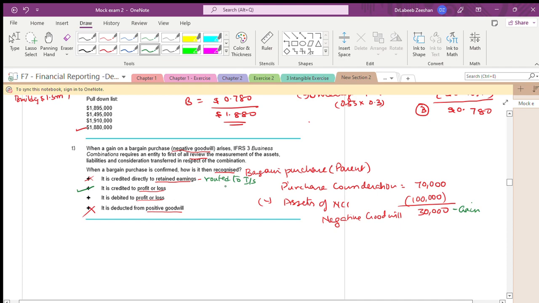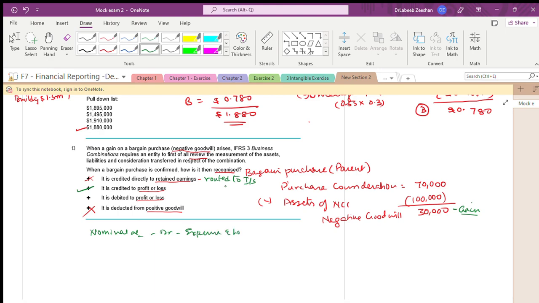Gain on purchase. One side it is negative goodwill, another side it is a gain. See what the nominal account says: debit all expenses and losses, credit all incomes and gains.